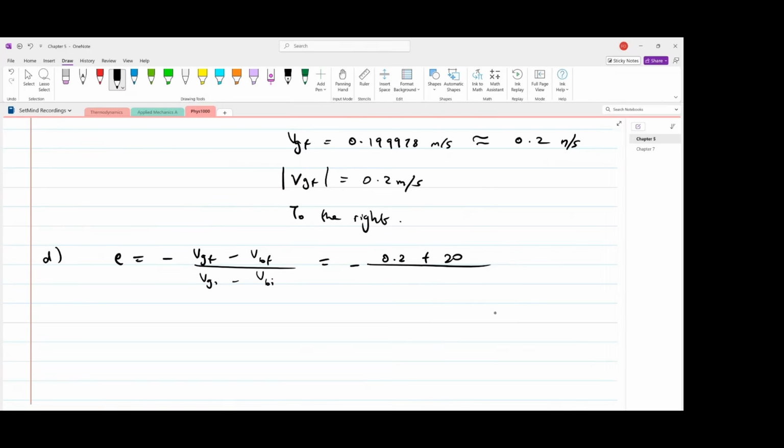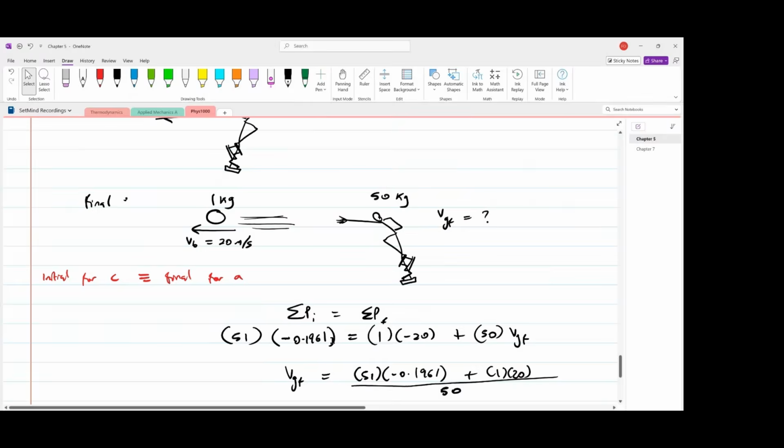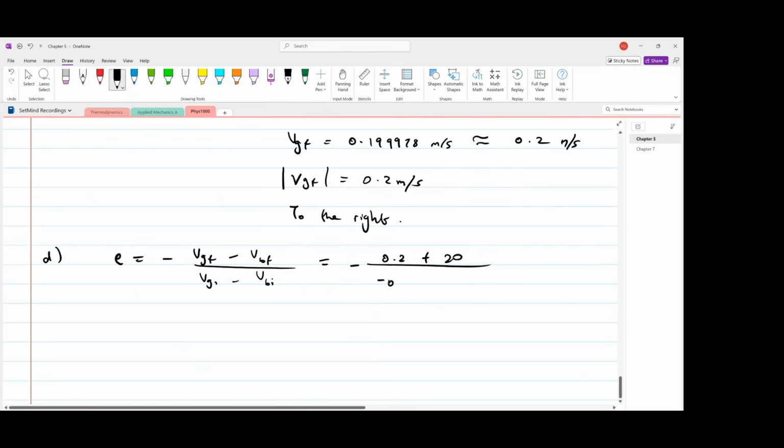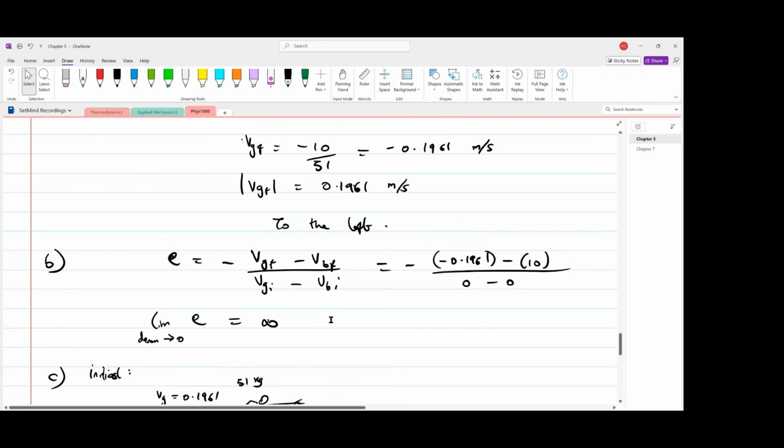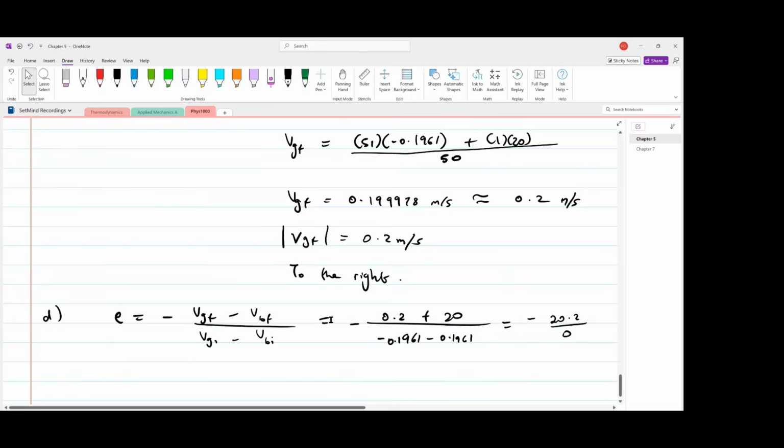They both have the same velocity of 0.1961, right? So what happens is actually relative to each other, they are at rest. So it becomes minus 20.2 over 0 again. And just like before, we just find the limit, right? And by finding the limits, it just goes to infinity, right?